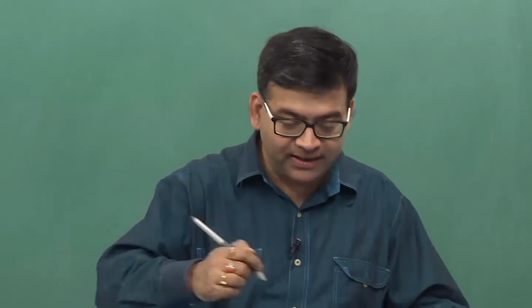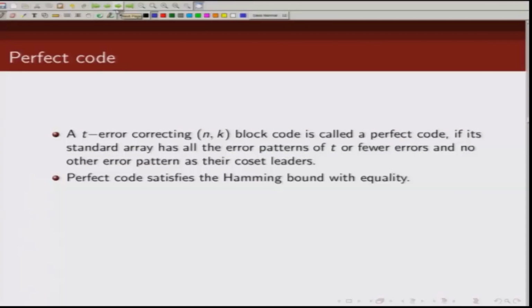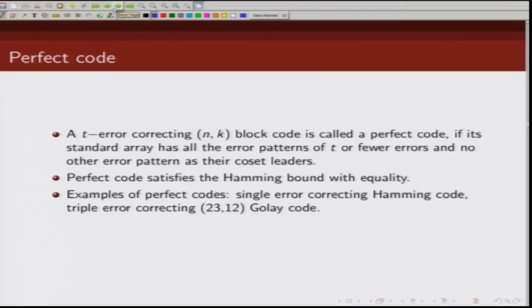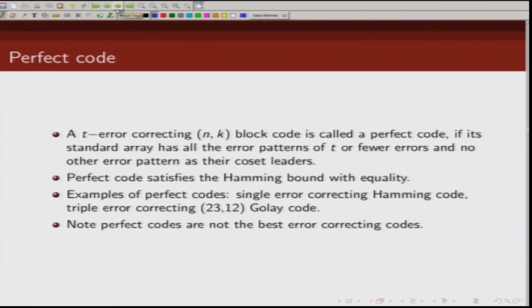So, if Hamming bound is satisfied with equality, it is known as a perfect code. Examples of perfect codes are the single error correcting Hamming code or the triple error correcting 23,12 Golay code. Now, I just want to caution you that perfect code does not mean that these are the best possible codes. So, do not confuse perfect code with the best possible error correcting codes.